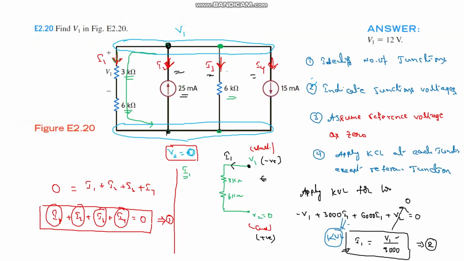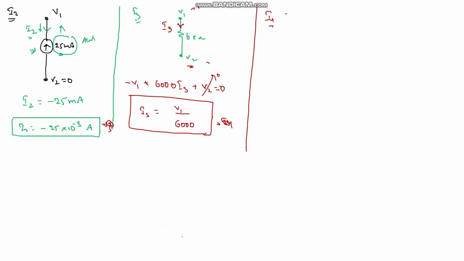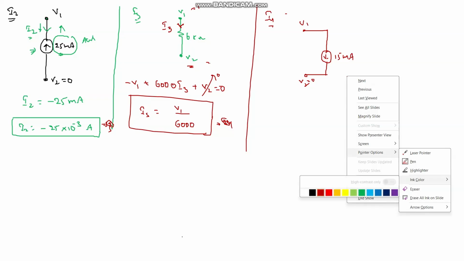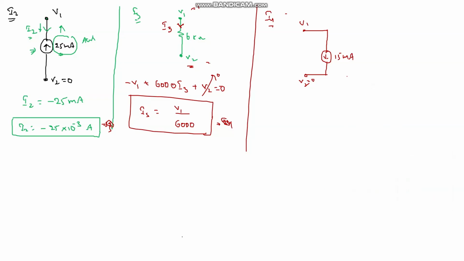What is I4 here? The current passing from V1 to V2 through the 15 milliamps source. Draw that path from V1 to V2 through a current source of 15 milliamps. Here V1 is equal to 0, and my assumed current direction is like this, I4.